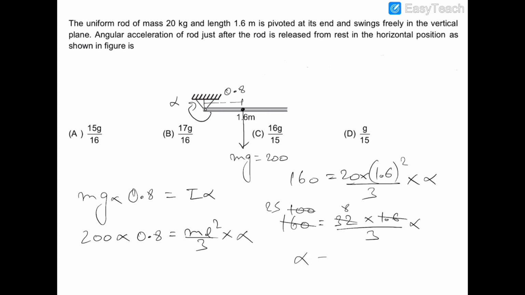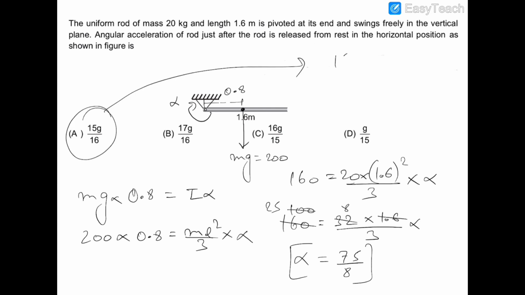So alpha will be equal to 75 by 8. Let us check the first option. This is 15 by 16 into g, which is 10. So this is cancelling with 2, this is 5 and this is 8. So this is 75 by 8. So the correct answer would be option number A. Now let's move on to the next question.